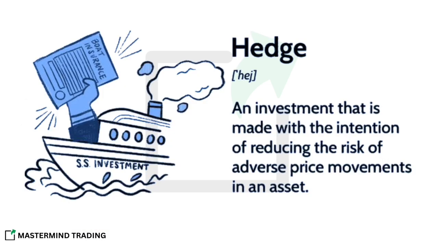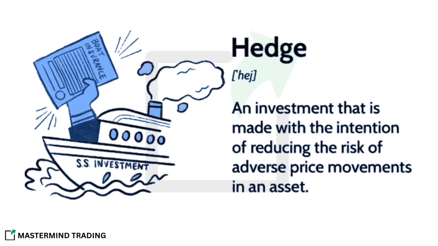The second method here is called hedging, and hedging in the financial world basically means holding one asset as an attempt to mitigate or reduce the risk of another investment or asset class. So let's say I am holding gold because I have a stockpile of cash in the bank, and I'm afraid that the value of my cash in the bank would go down.